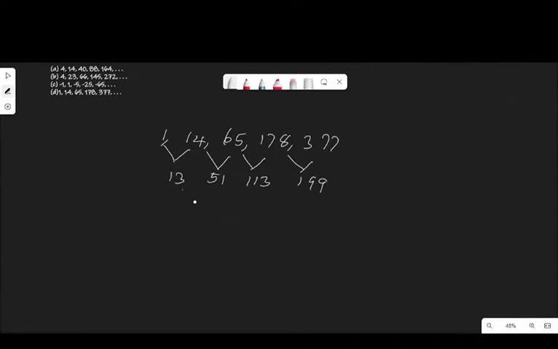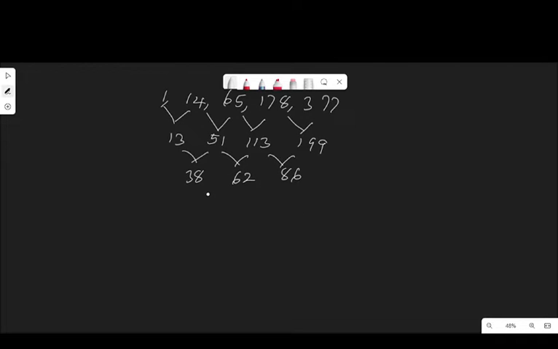Now the second order difference: 51 minus 13 is 38. 113 minus 51 is 62. 199 minus 113 is 86. Then the last difference: 62 minus 38 is 24. And 86 minus 62 is also 24.